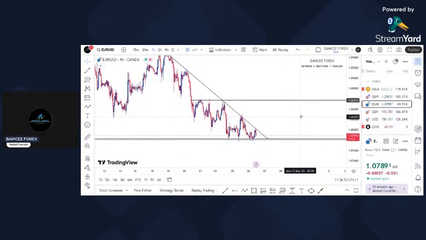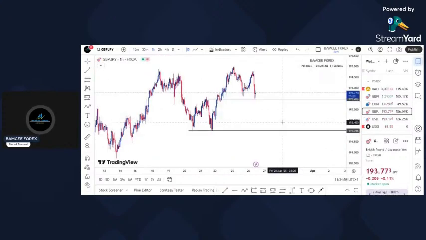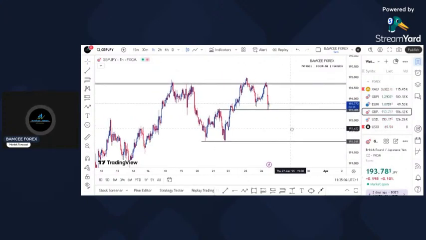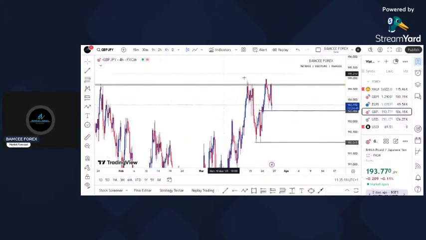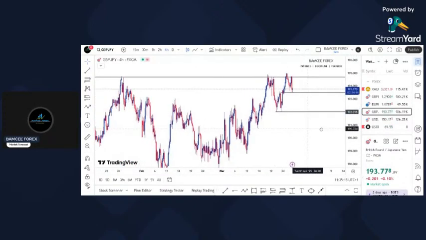All right, and I also have GBP JPY, which is also one of my favorite pairs. On GBP JPY, sorry, I'm seeing these clear confirmations on 1 hour time frames. Like I said before, always spot out your major zones on higher time frames, which is 4 hours and daily charts.